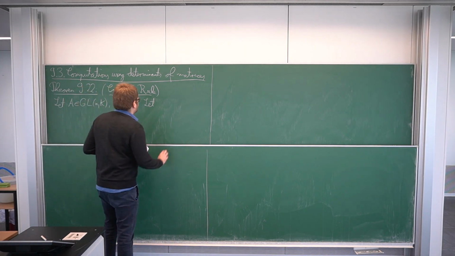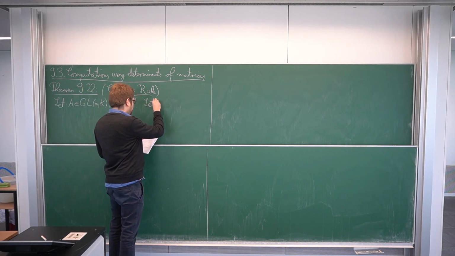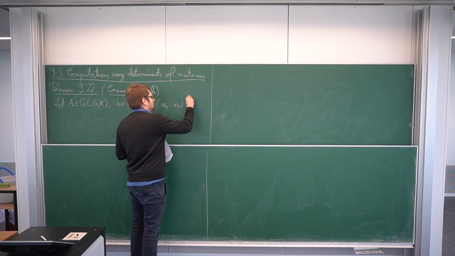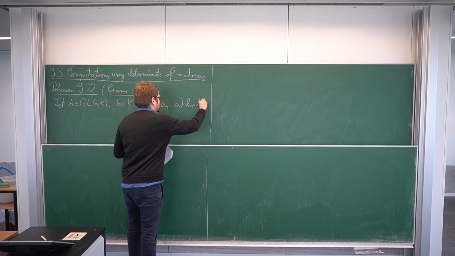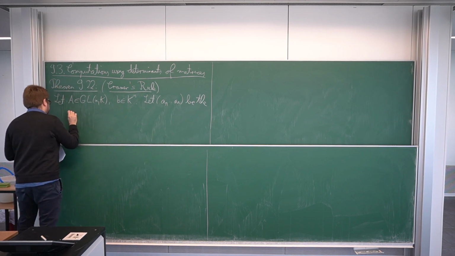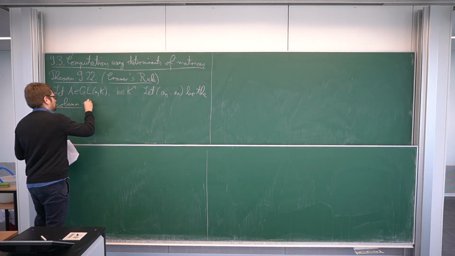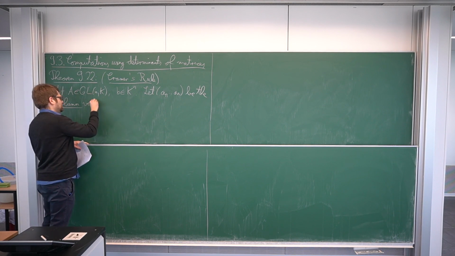In this case, we can really compute this by determinants in the following way. Let A_1 to A_n now, pay attention, not the row vectors, but the column vectors of A, so vertical, not horizontal.